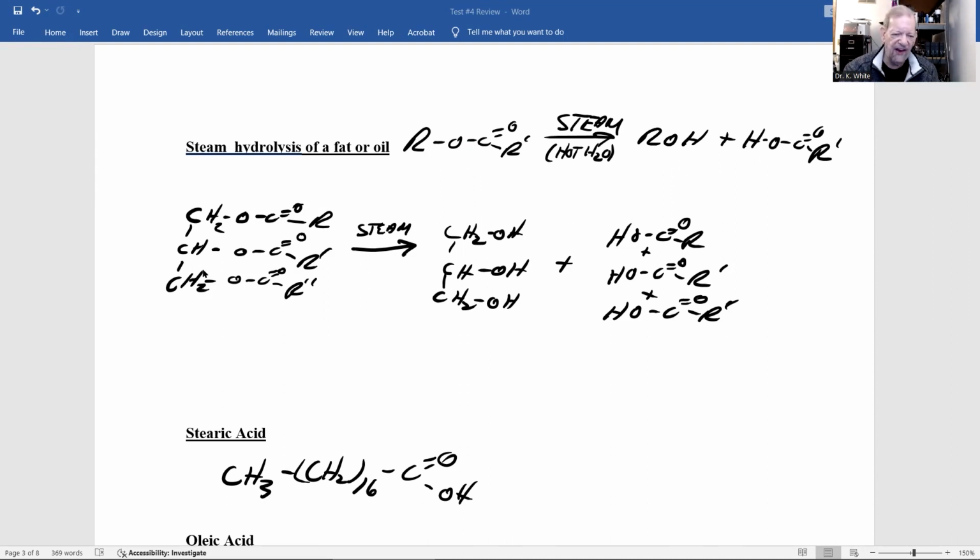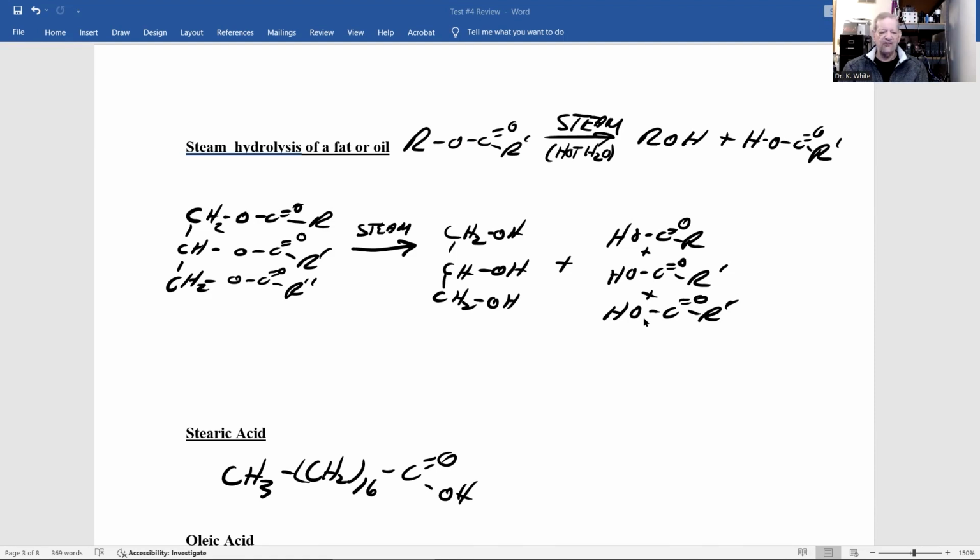So if you take a fat or oil, this triglyceride reacted with steam, first ester, you'll get this alcohol plus this carboxylic acid. Second ester, you'll get this alcohol plus this carboxylic acid. And third ester, you'll get this alcohol. In other words, you get glycerin plus this carboxylic acid.